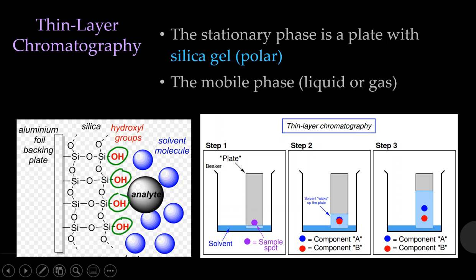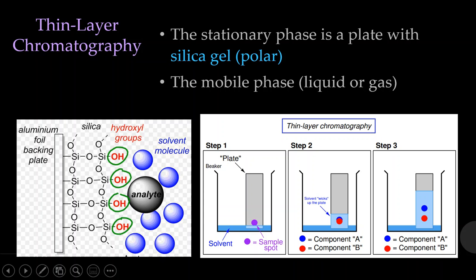It doesn't have to be completely non-polar, but you could use something less polar, like diethyl ether, or some of the esters. You could use acetone. They're still in the slightly polar category, but definitely considerably less polar than the silica gel.